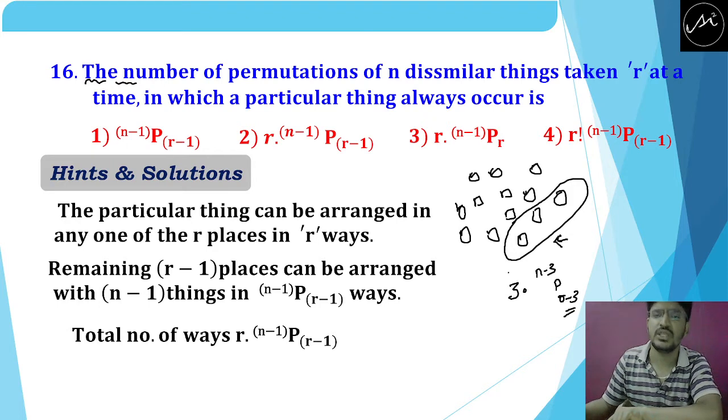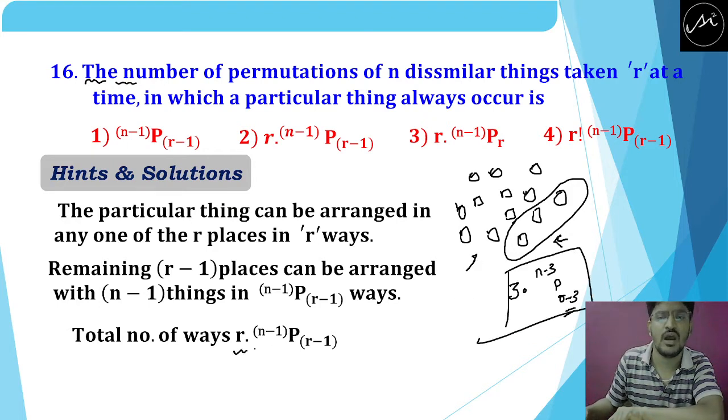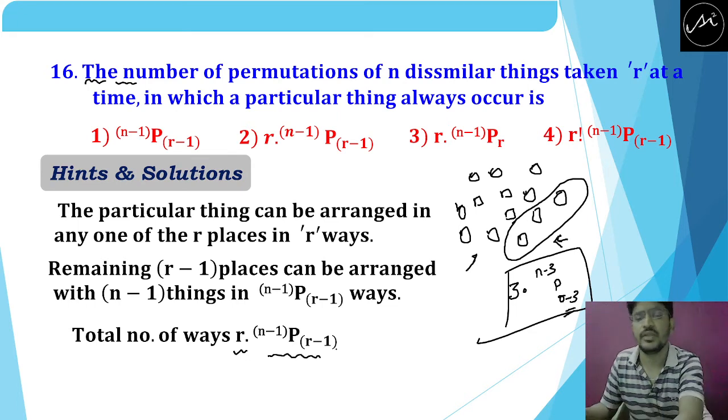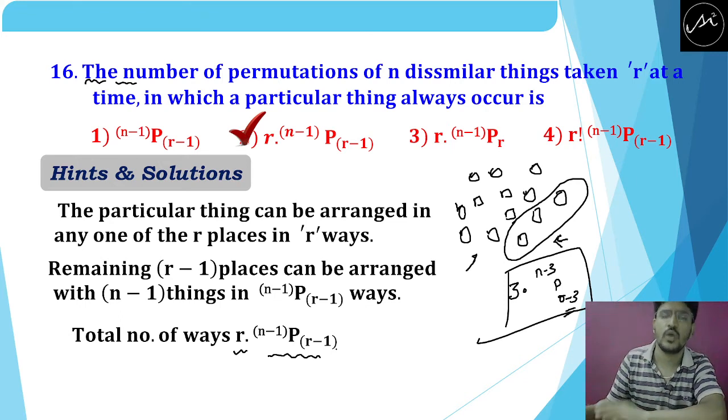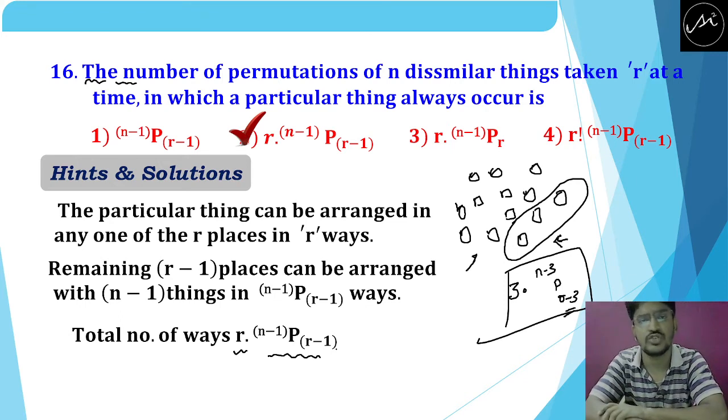Now this will be the answer for this example. In the same way, the value of r here is 3, so r times (n-1)P(r-1) will be the right answer. So you can see option 2 is the correct one in this particular question.